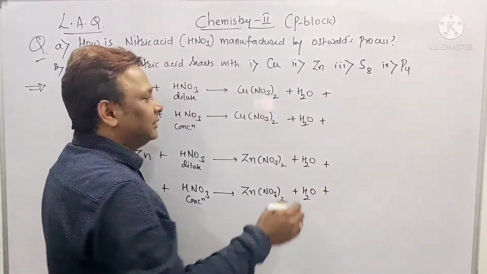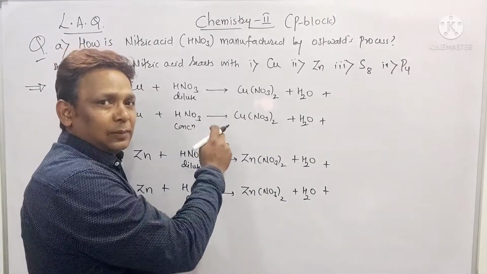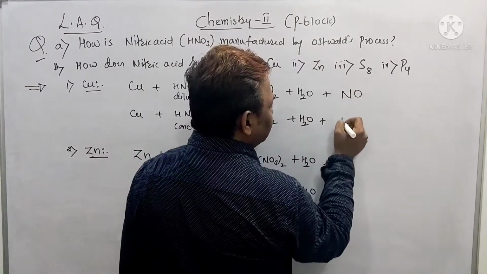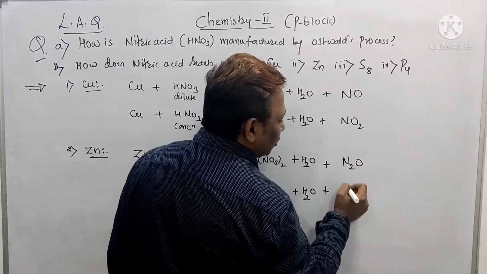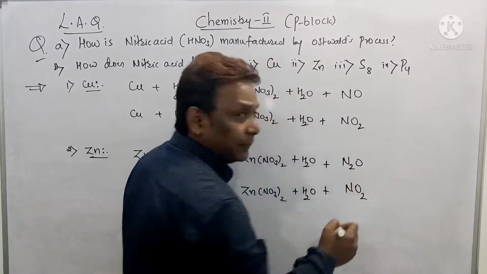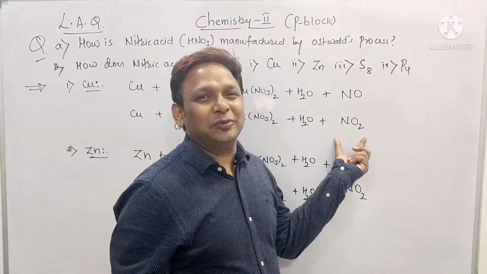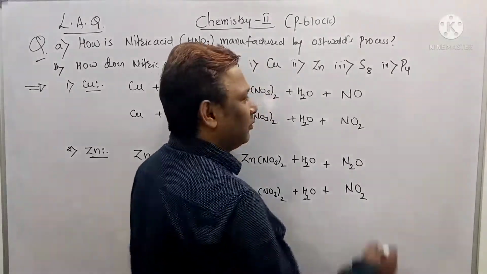Remember the trick, beta, because we started with dilute, concentrated, copper, zinc, right? Start here. First one is NO, second one is NO2, third one is N2O, fourth one is NO2. Repeat, beta. First one is NO, second one is NO2, third one is N2O, fourth one is NO2. Beta, what is NO called?